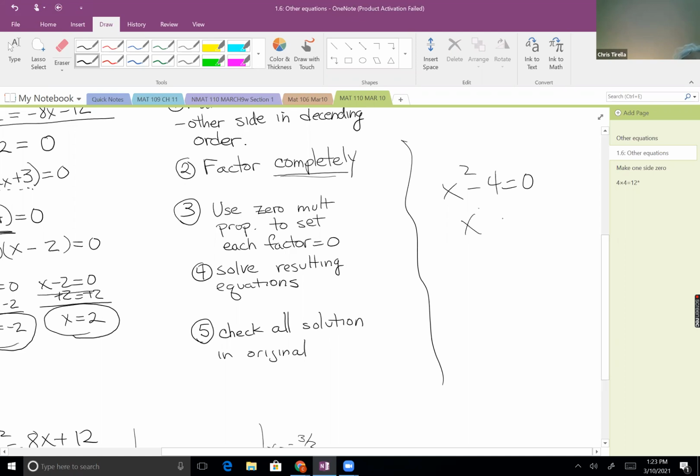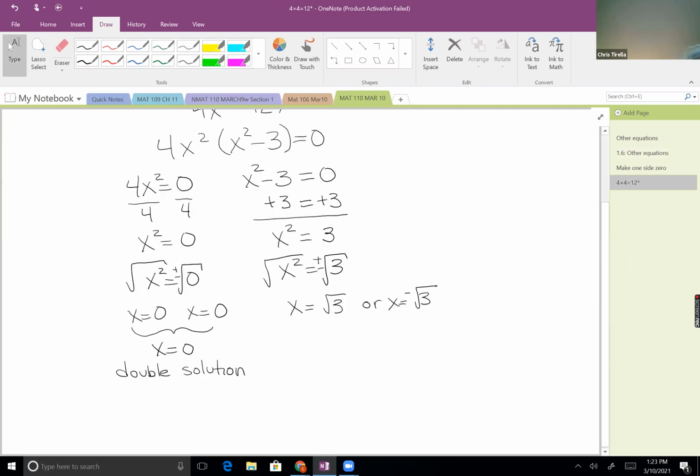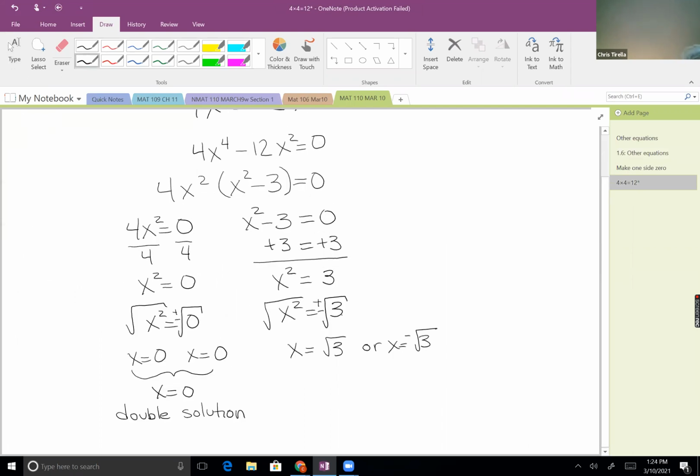But couldn't we have changed that into x squared equals 4 and used that square root property? But we have to remember that 4 has two roots, a positive or a negative. And so hopefully that puts an exclamation point. Whenever we use that square root property, it's a technicality. Everything has two roots, a positive or a negative.